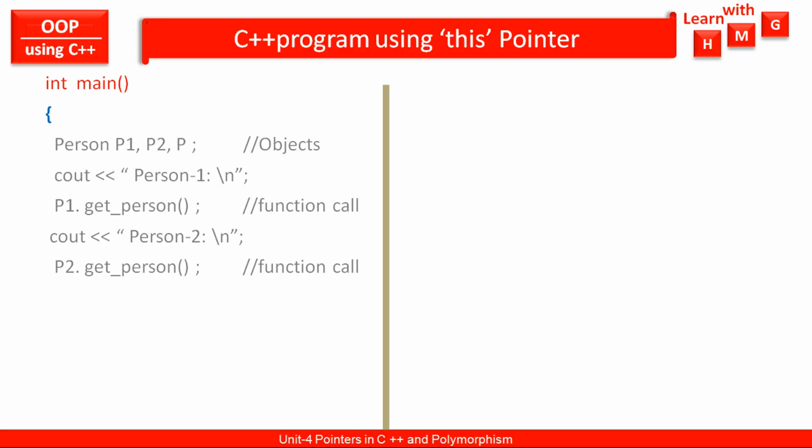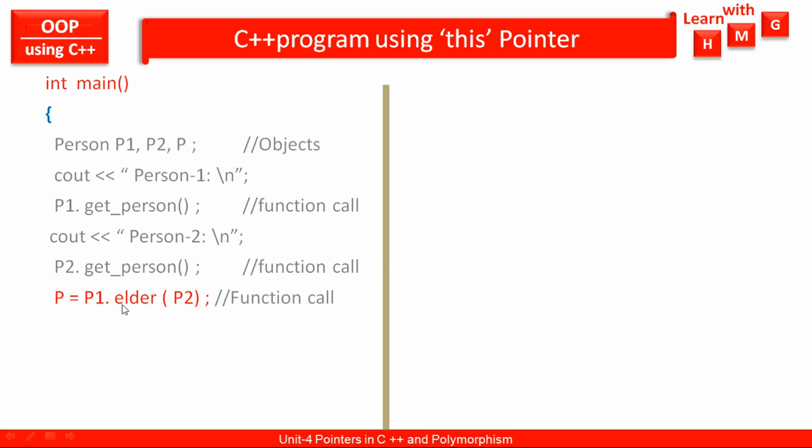Now let us pass p1 and p2 to the elder function like this: p1 dot elder, p2 in brackets. Here p1 is calling the elder function, so p1 is the calling object and p2 is passed as an argument, so p2 is acting as the argument object.